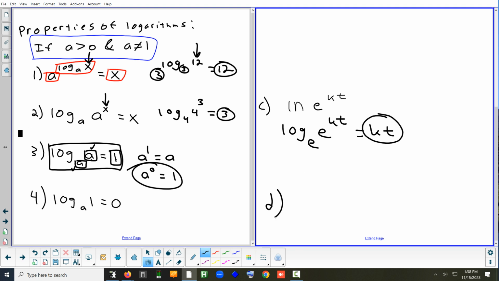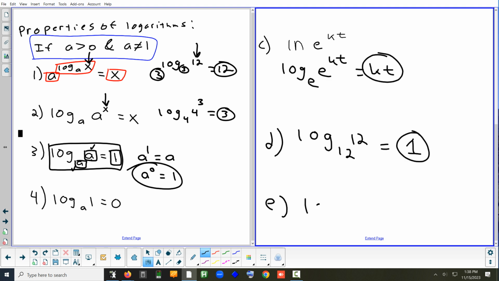Try one more of those. Let's do log base 12 of 12. That's basically saying 12 to what power gives you 12? 1. So that's 1. All right.